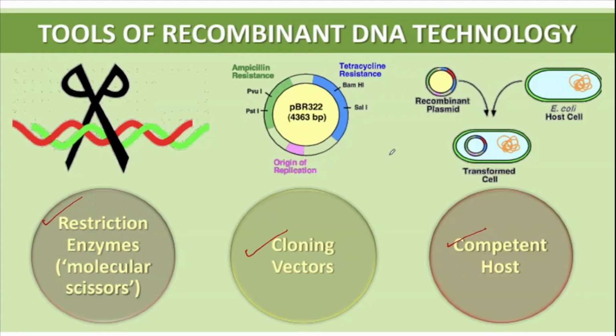After pasting, since it's in bacteria, we chose the bacterial plasmid, and then we transformed it into this bacterium. As you can see, there is no plasmid here, but you can see a plasmid here, right? This is what the third tool is, because even after ligating, if we don't have the host, then we can't do it. So that is the third important tool of recombinant DNA technology.